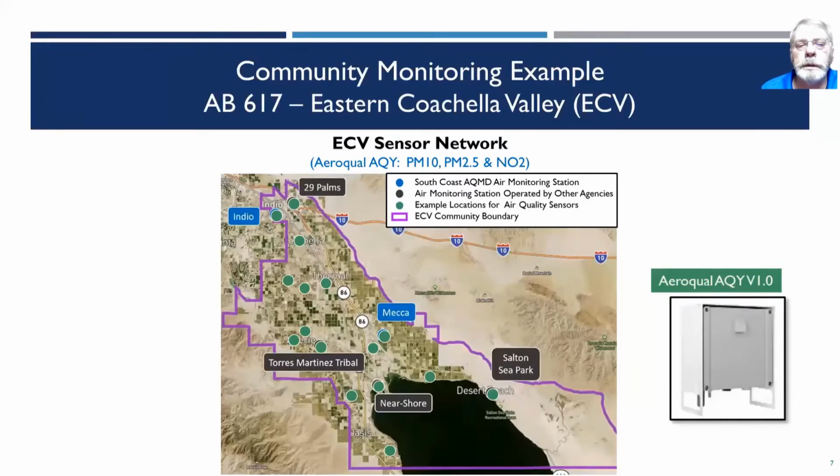This map shows an example of locations for a community monitoring project for the Eastern Coachella Valley. This community is part of the California AB 617 Community Air Protection Program. The project will use AeroQual AQI sensors that collect PM10, PM2.5, nitrogen dioxide, and ozone at locations determined by the Eastern Coachella Valley community.